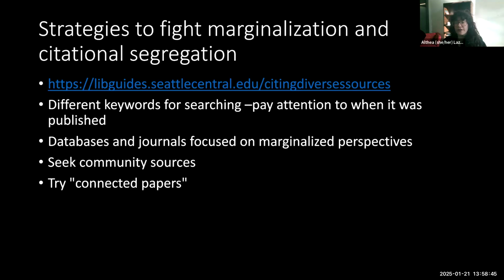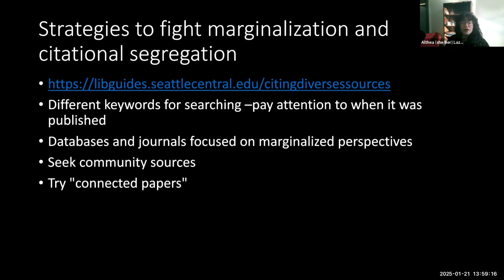Things like journals on gender and sexuality, where you can search for your keyword. Let's say you're looking at something like accessibility of school buildings. You could search for that in a journal of gender and sexuality, and you would get a feminist perspective on accessibility in school buildings, just because of where you're searching in those journals that are meant to include those perspectives that are otherwise excluded.